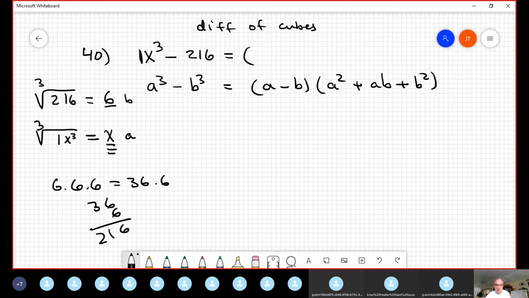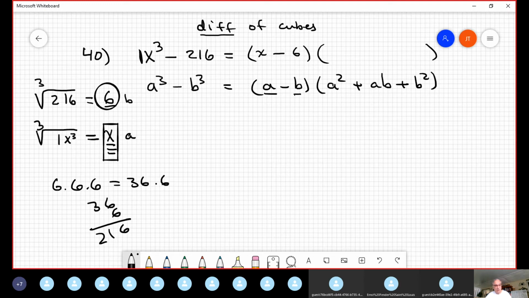So we need to open two parentheses, one short because the first part is a binomial, and the second is long because it's a trinomial. My A in my example is x. My B is 6. And the sign in the middle is negative, because it's a difference.